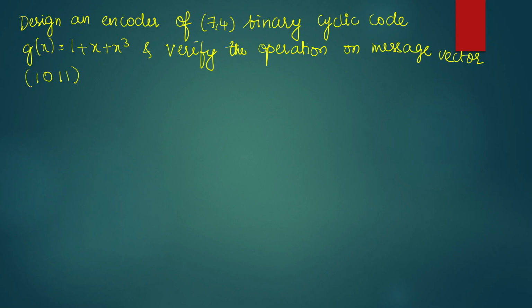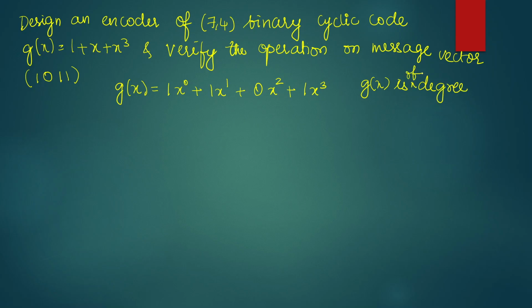So let us try to understand how to write the circuit first. As we know, g of x can be written as 1 into x power 0 plus 1 into x raised to 1 plus 0 into x square plus 1 into x power 3. The generator polynomial is of degree n minus k.